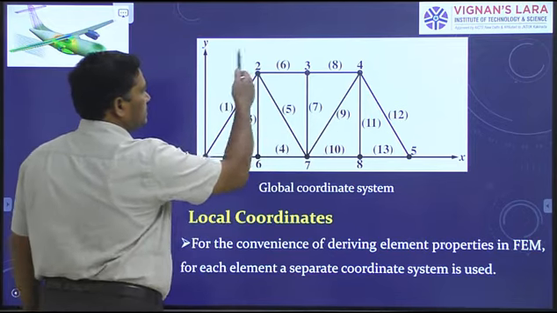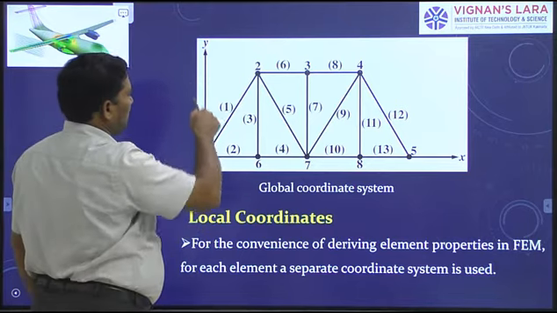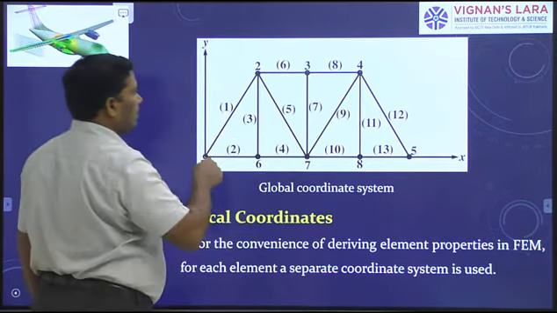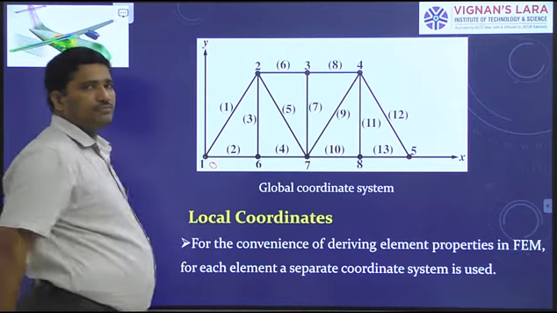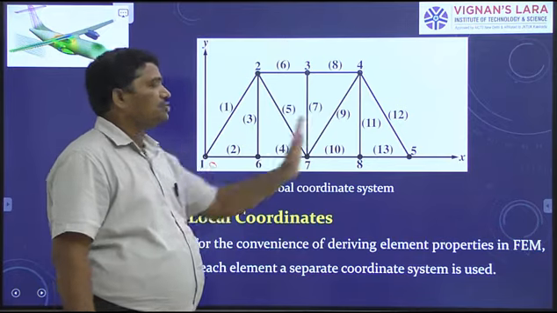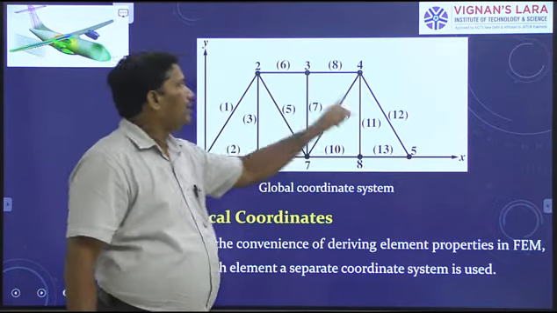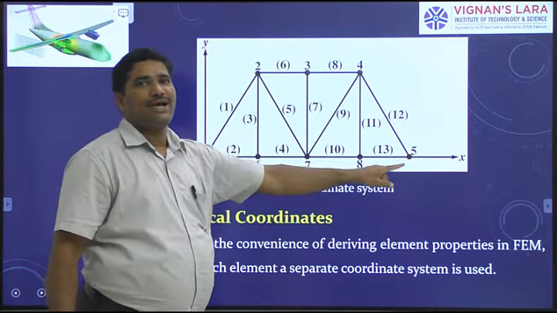To define the geometry of this truss structure, we have considered a global coordinate system OXY. Any point on this structure you can specify with the help of 2 coordinates x and y.